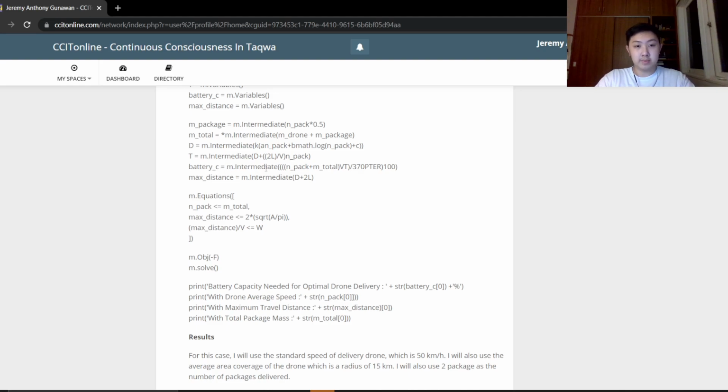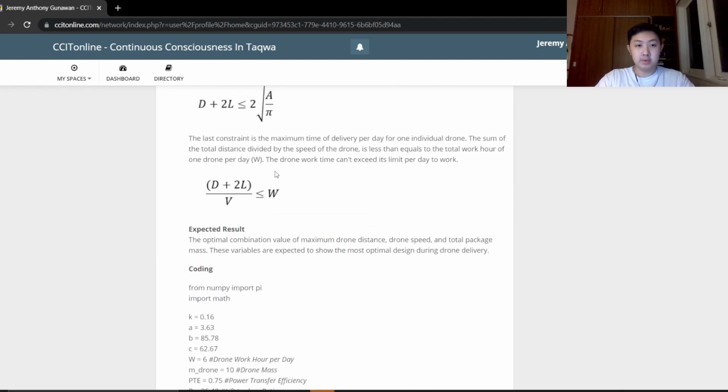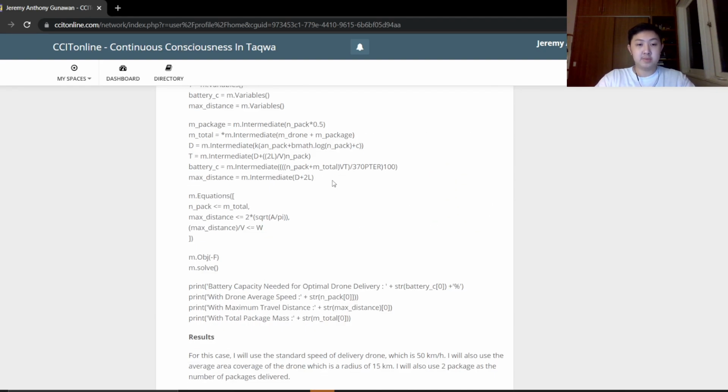There's also the battery capacity, which is shown here: number of packages plus total mass times speed times time divided by 370 times the power transfer efficiency and the lift to drag ratio, times 100%, and the max distance is d plus 2l, which is this here.